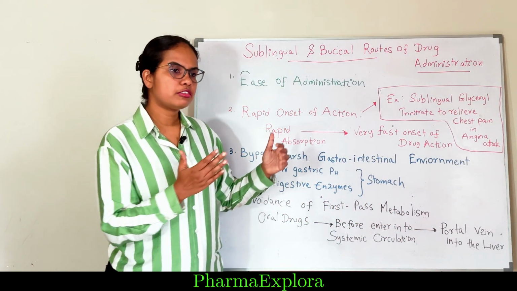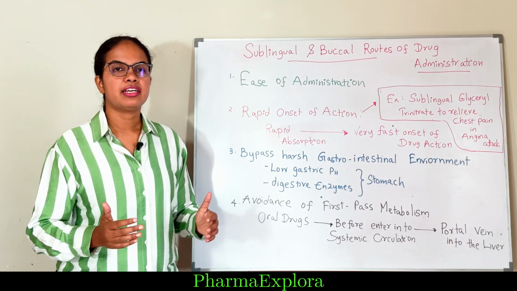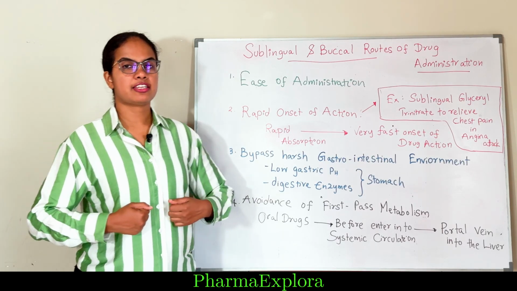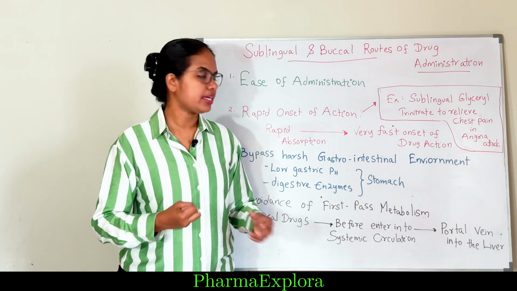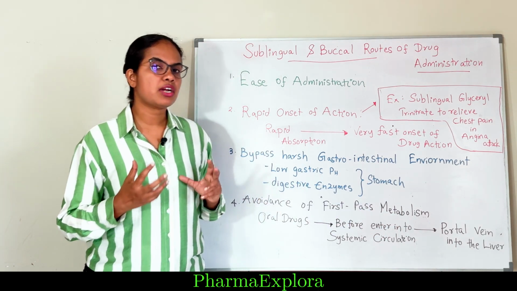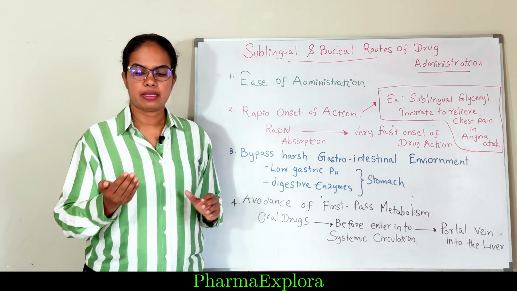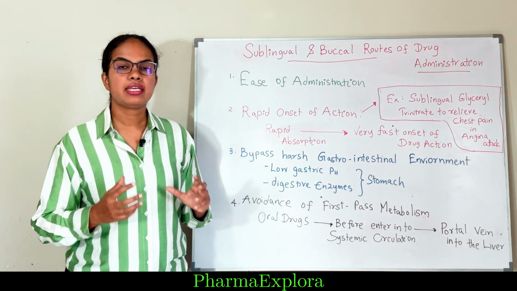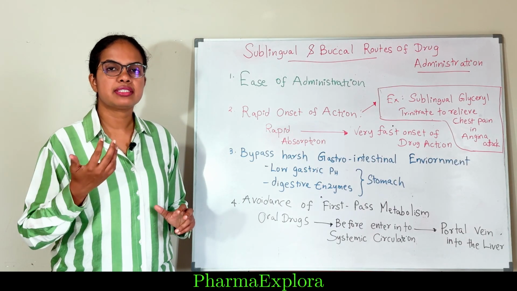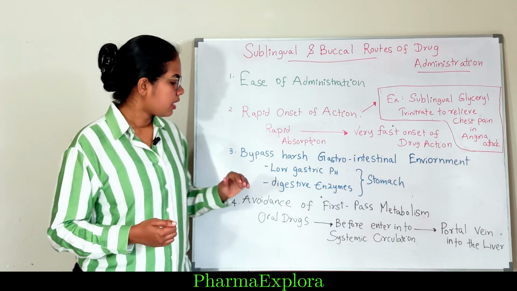In the liver, which acts as a gatekeeper, these drug molecules are highly metabolized and degraded. Therefore, the amount of drug molecules entering the bloodstream in intact form is significantly less.